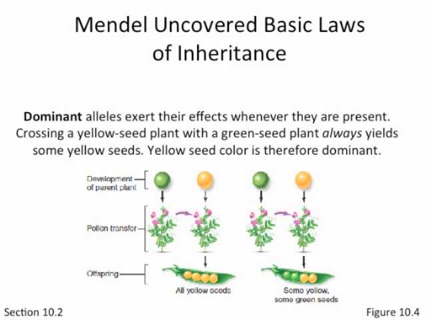Doesn't mean that it's more common than green. Green can be way more common, and we'll talk about cases of dominant alleles that are actually fairly rare in a population. But dominant means that if it's there, it's expressed. So the opposite of dominant is recessive.